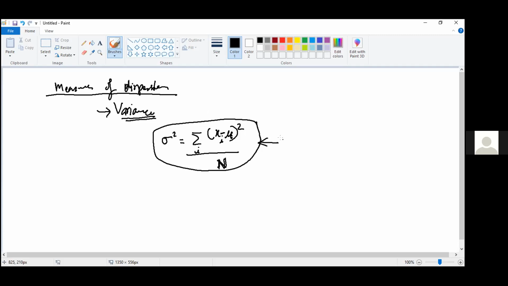This is how you get the variance. It will give you an idea about how spread out the data is. The larger the value of variance, the more spread out the data is. Suppose you have some data sample.